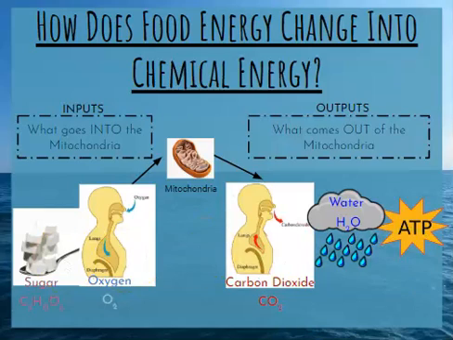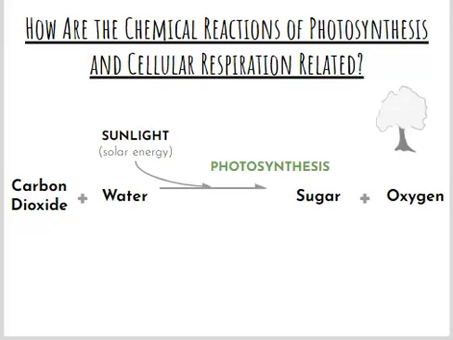So I want to look at this one more time because they're very closely related to each other. And if you can remember one of these two equations and what goes in and what comes out, then you're actually able to remember the other one as well. So looking at it a little more plainly, carbon dioxide plus water, and then you add the energy in, you end up getting sugar or food and oxygen.